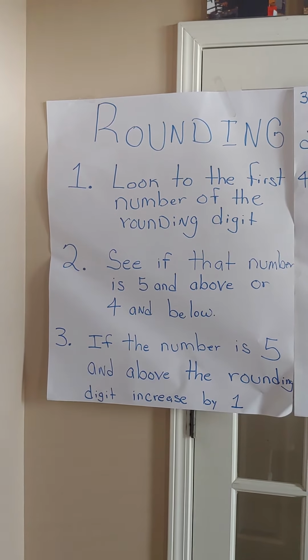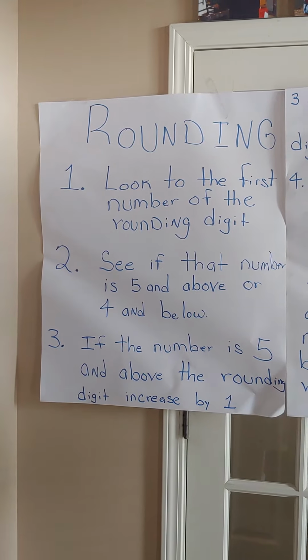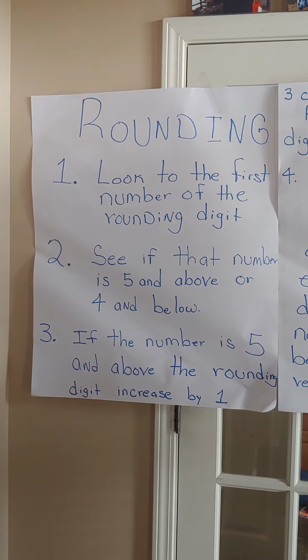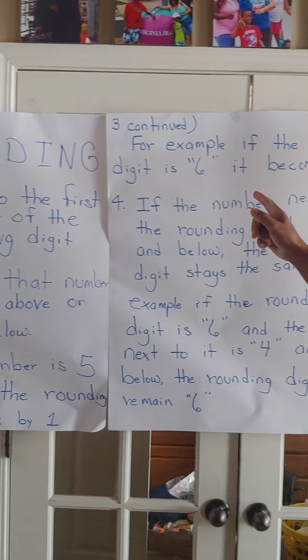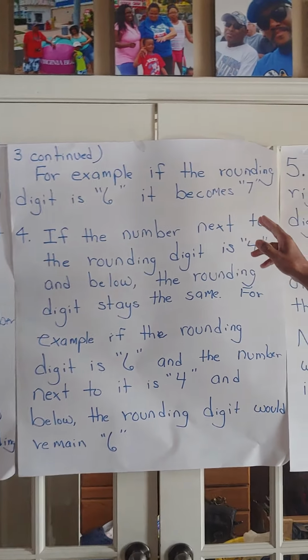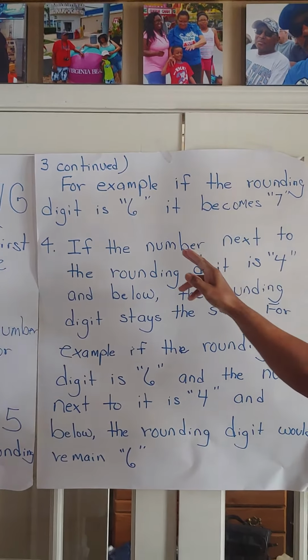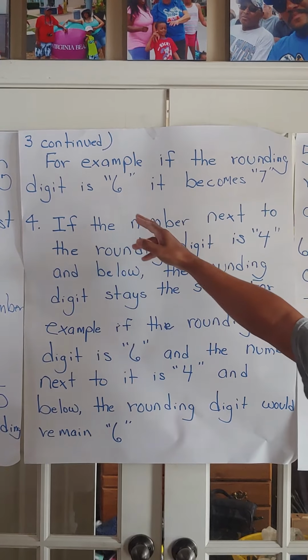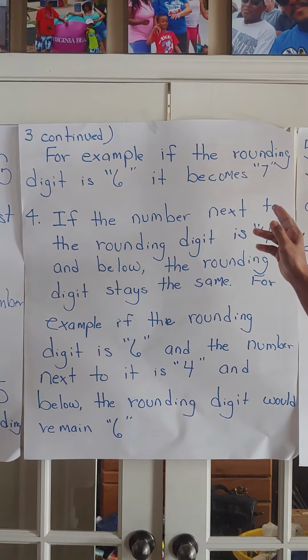Step 3 says, if the number is 5 and above, the rounding digit increases by 1. For example, if the rounding digit is 6 and the number next to it is 5 and above, then the rounding digit would become a 7.